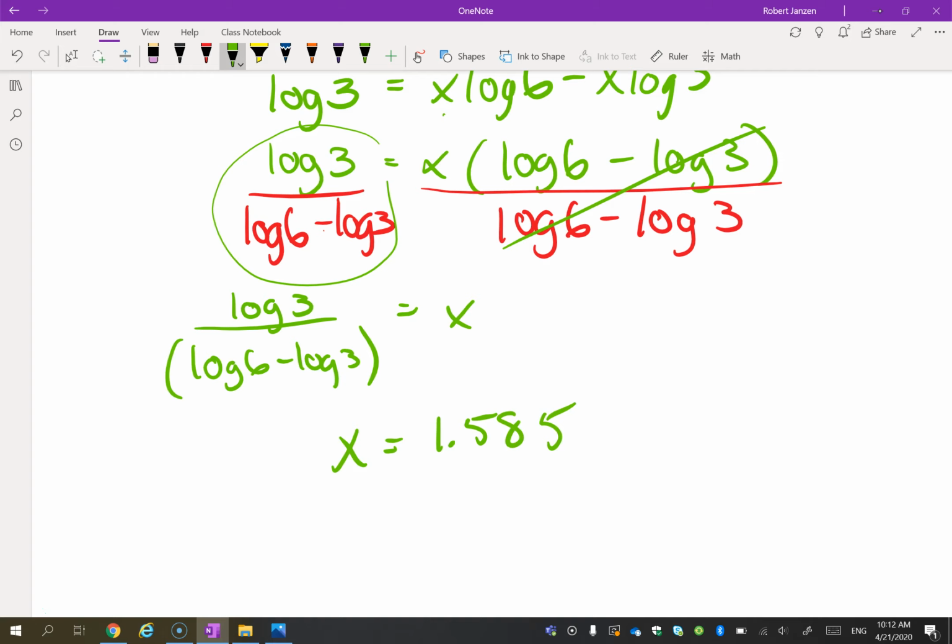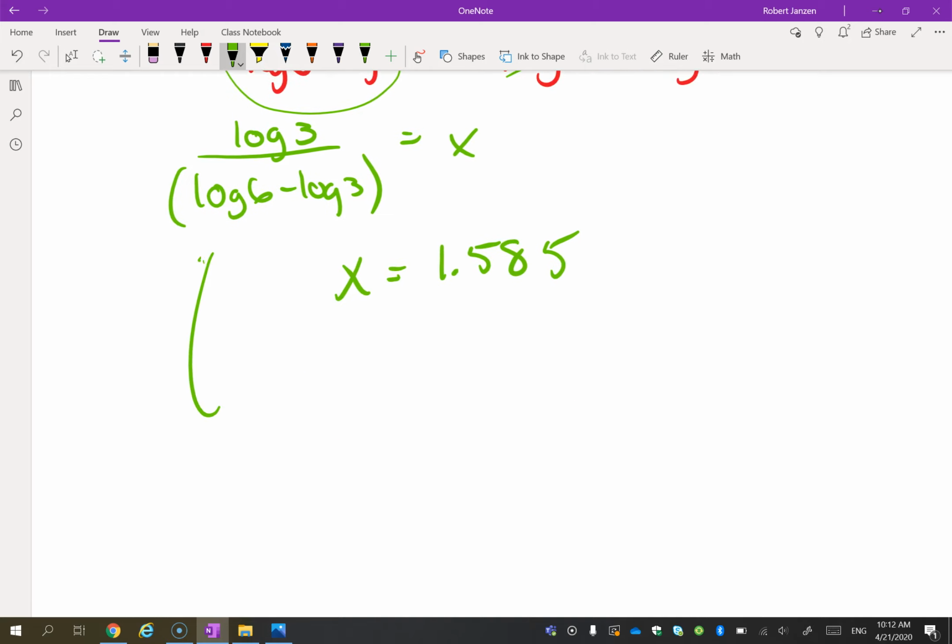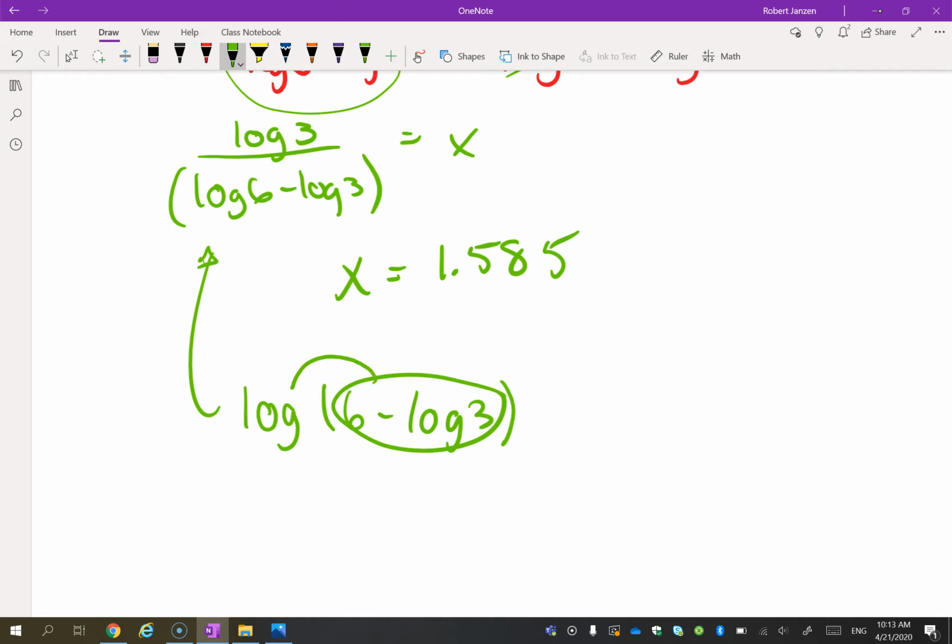Okay? So if you didn't get that answer, a couple of suggestions. When you're typing this whole thing into the calculator, my calculator, the second I press log, it opens a bracket like that. So then when I put in a 6, if I don't close the bracket, what it actually is going to do, it's going to say, I'm putting all of this into the log. Okay?